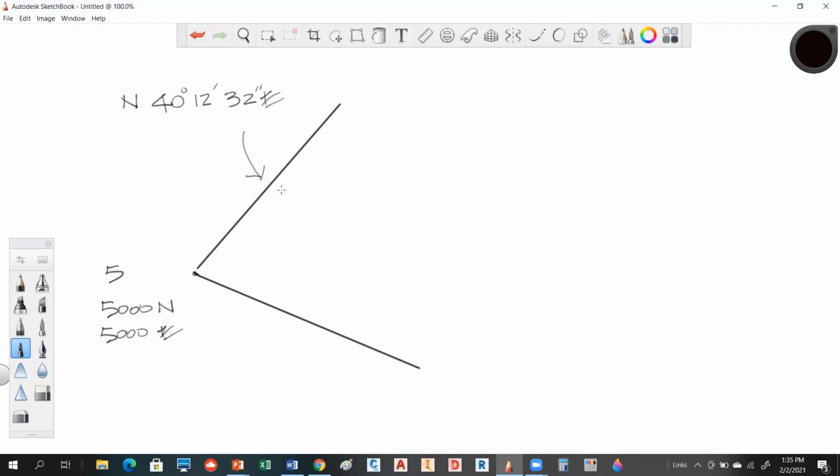So you set your instrument up, you hit your backside, and you turn this angle here. And we'll say that angle is 89 degrees, 25 minutes, and 39 seconds. Okay, angle to the right. And in this picture, we also need to know that north is up like this.